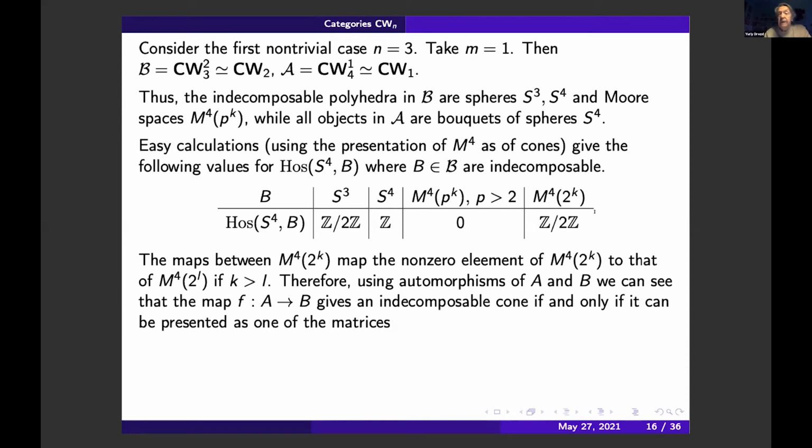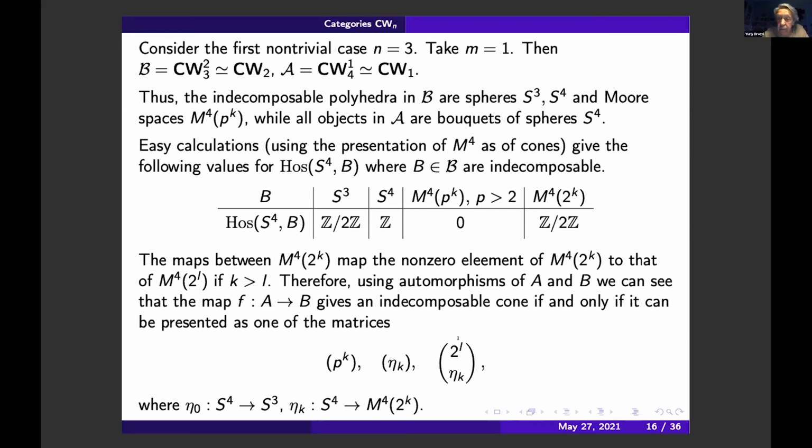So using automorphisms of A and B, or bouquets of these spaces and spheres, one can reduce any map to a map presented by one of the following matrices. Either it is just p^K from S4 to S4, or eta_K. Eta_K is the non-zero element of this group.